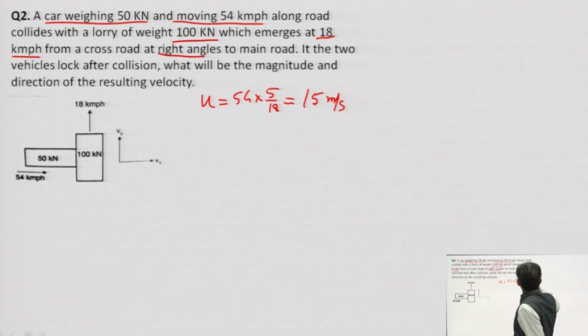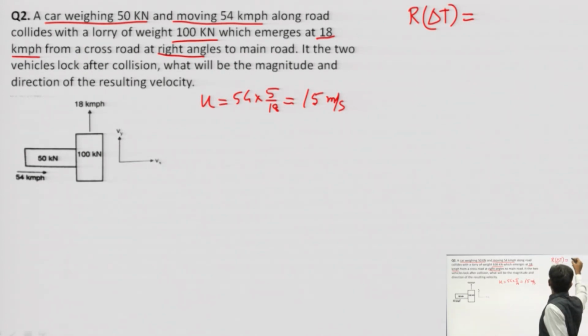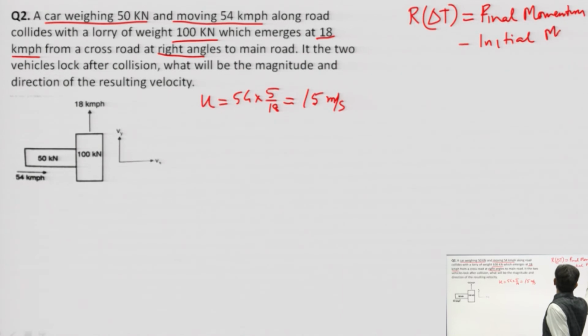In the previous example, we applied R into delta t is equal to change in momentum, means final momentum minus initial momentum.